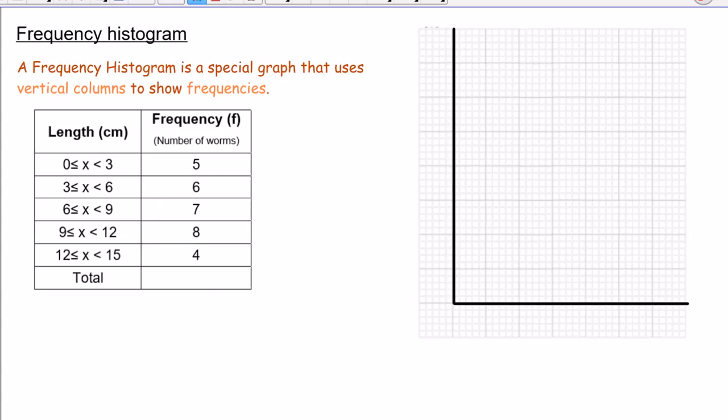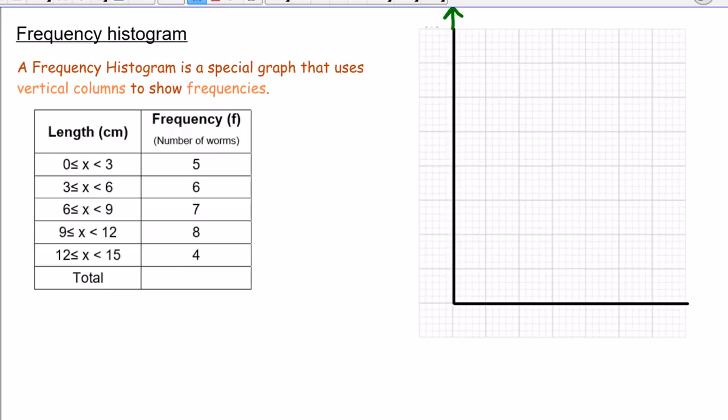Okay, next thing that I'm going to look at is a frequency histogram. Now, a frequency histogram is a special graph that uses vertical columns to show frequencies. So we can actually represent this grouped data in a frequency histogram. The first thing that we need to do here is, of course, to draw our axes.